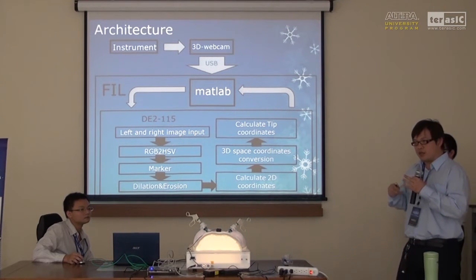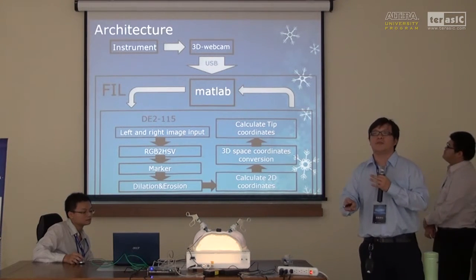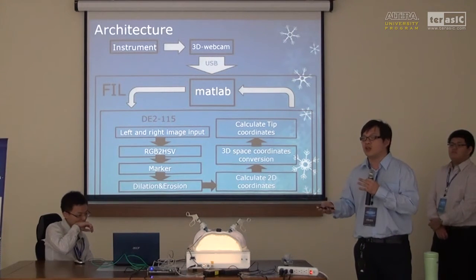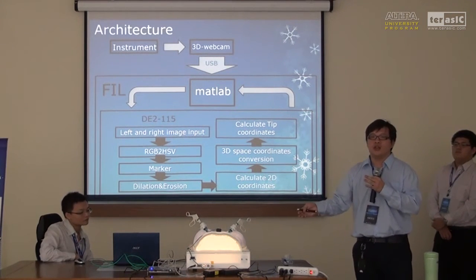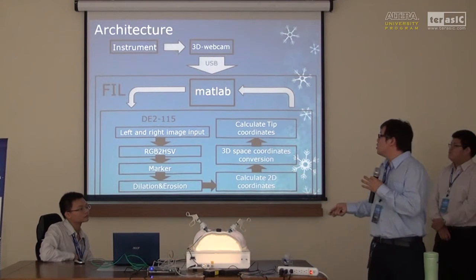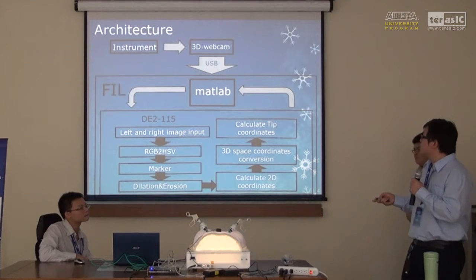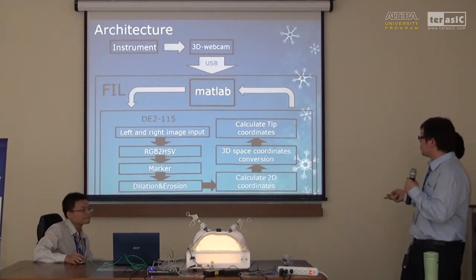Simulink gives you this function, but it's just for software simulation. If you want to download it into the FPGA, it just doesn't work. That's why we did this part ourselves.